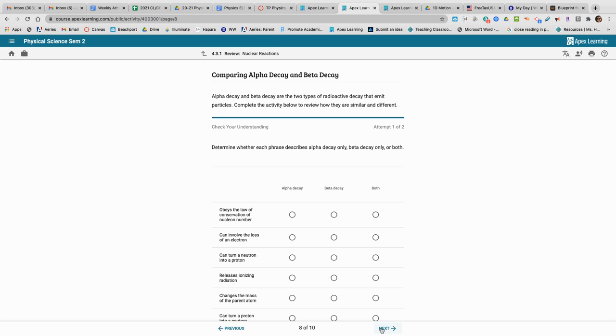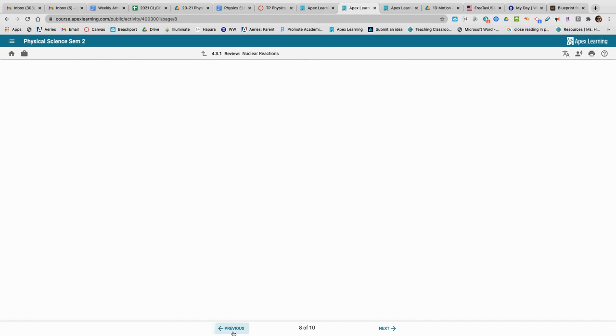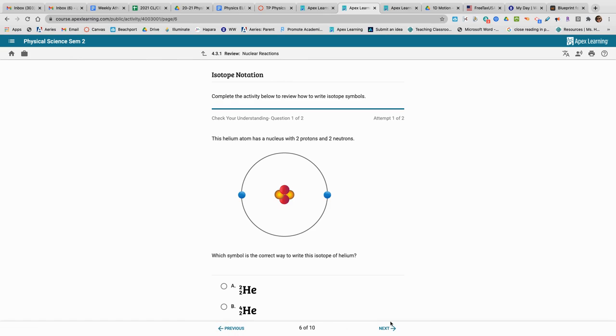They are basically a helium nucleus without the electron. If we go back to look at helium, it's just this part of the nucleus that is called an alpha particle. It has a mass of 4 and a proton number of 2.